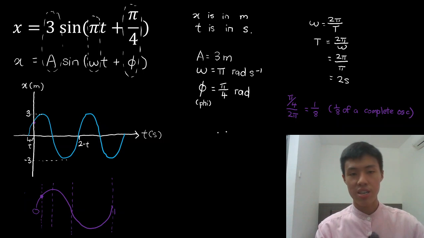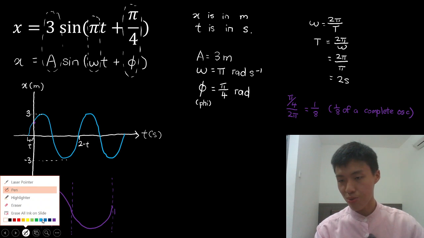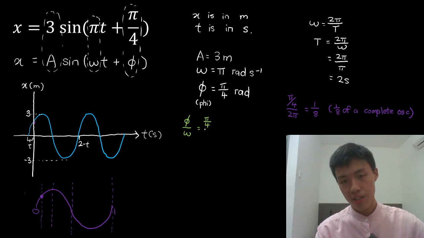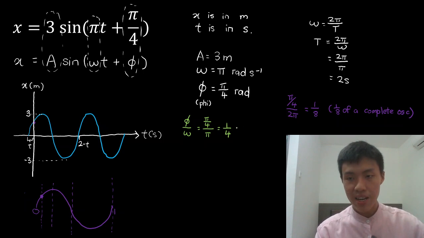This is another new thing, so probably another color. What you do is take phi divided by omega. Phi is pi over 4 divided by omega, which is pi, so you have to go by 1/4. This is the time that I need to cut from 2 seconds, 1/4 seconds.